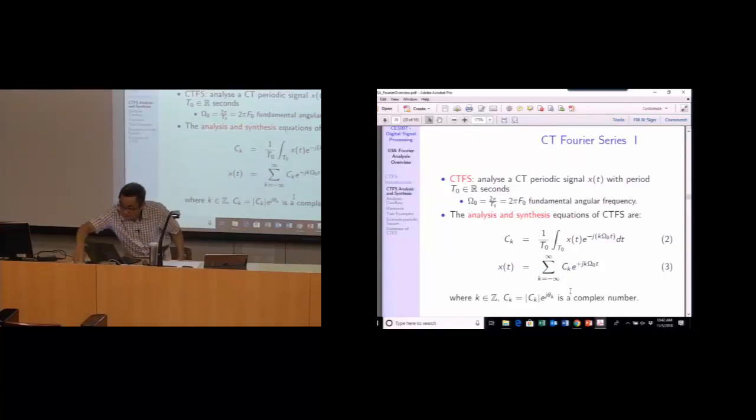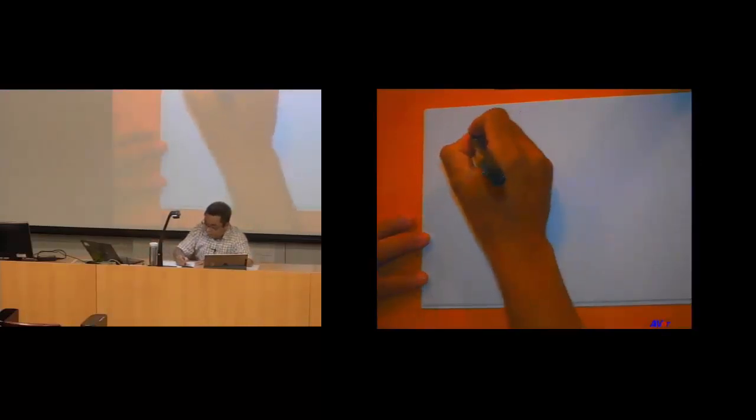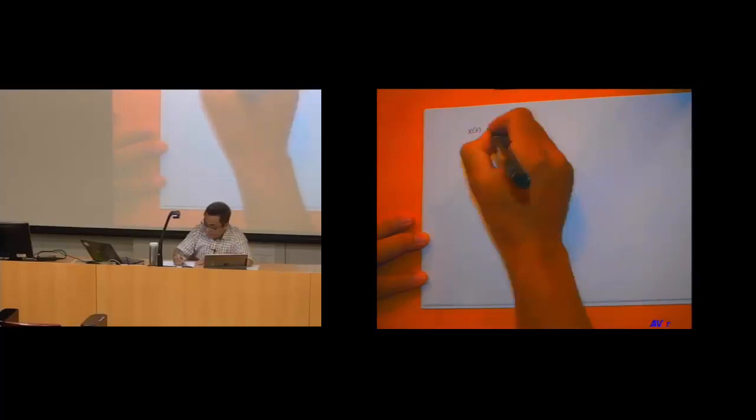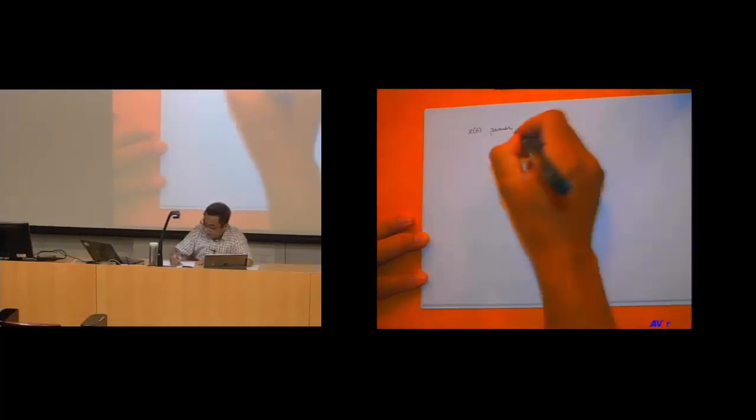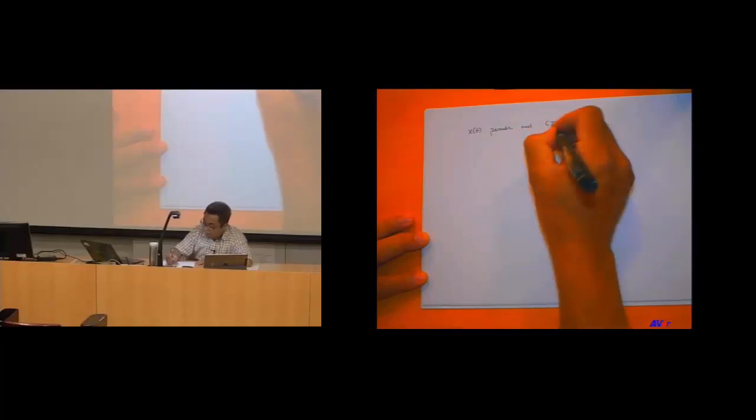Let us now write the equation and explain it in detail. First, x of t is periodic and continuous time.